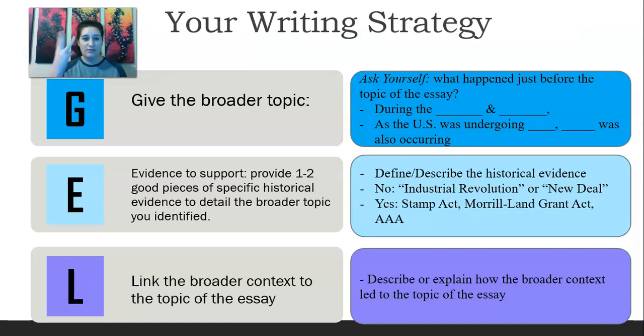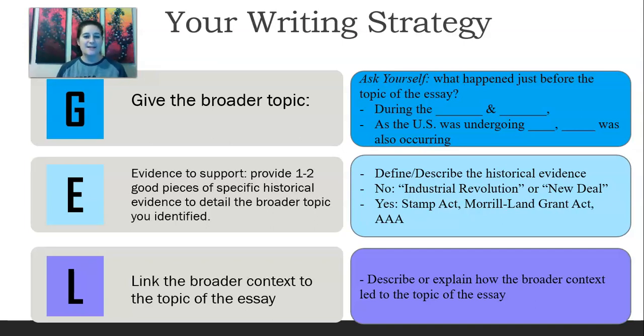You need to do three things. Give the broader topic. So ask yourself, what happened just before the topic of the essay, or what's happening at the same time? If you're not quite sure how to start, try: during the, give a time frame, comma, this was occurring.